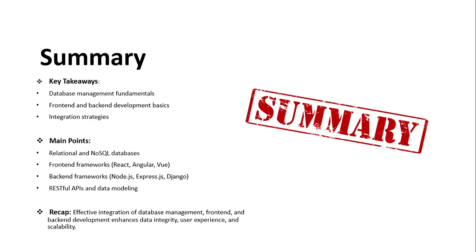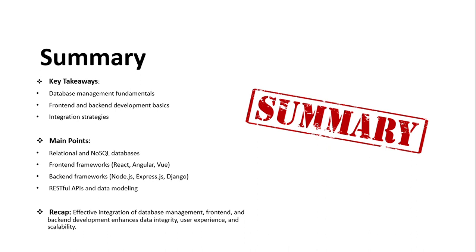Summary, the key takeaways are database management fundamentals, front end and back end development basics, and integration strategies. The main points here are relational and non-relational databases, or you can call them NoSQL databases.